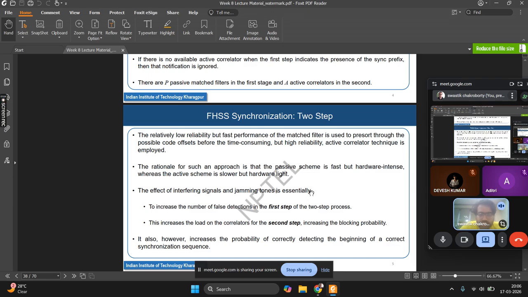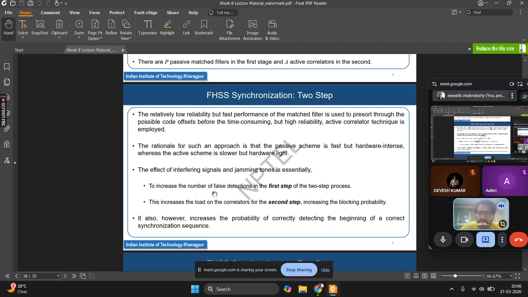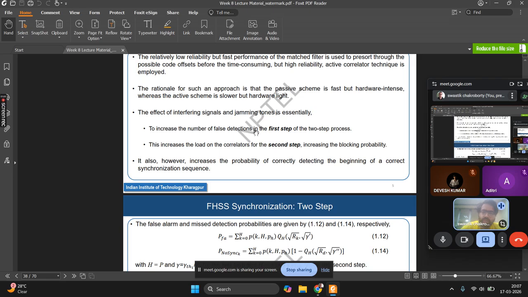The rationale for such an approach is that the passive scheme is fast but hardware intense, whereas the active scheme is slower but hardware light. The effect of interfering signals and jamming tones is essentially to increase the number of false detections in the first step and to increase the load on the correlators for the second step. So if you used only the first step, you will have a load of false detections, and if you only use the second step, you will have a load on the correlators.